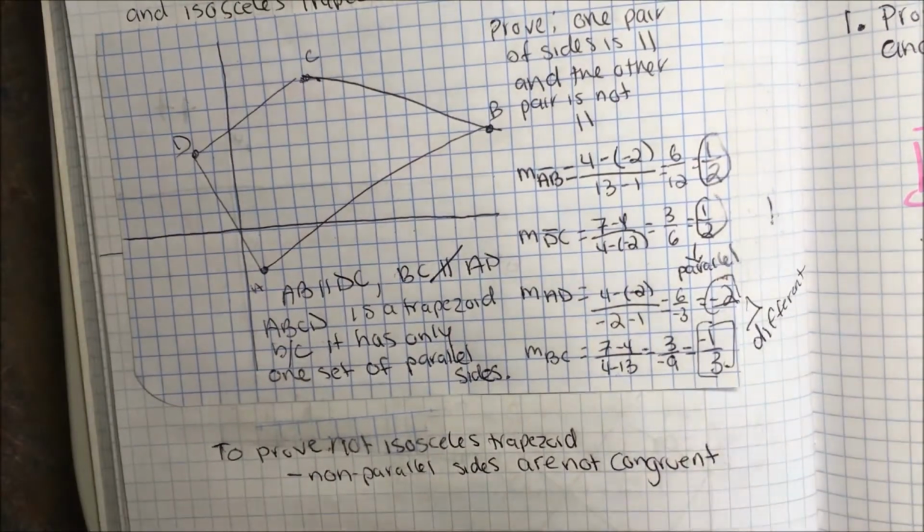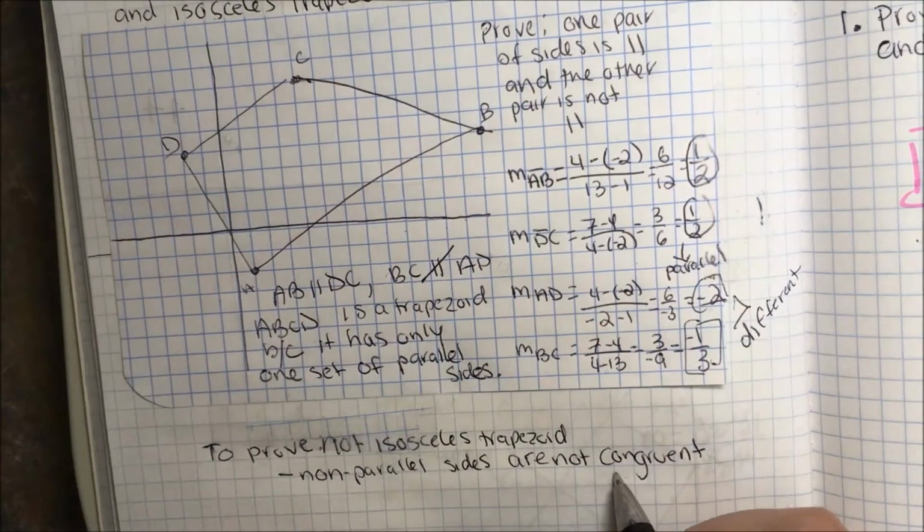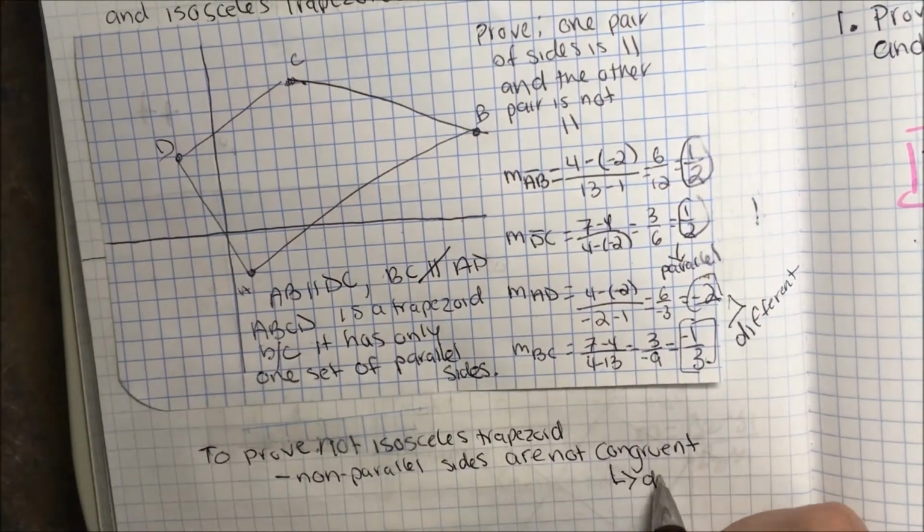So to do this, to see if sides are congruent, we can use our distance formula.